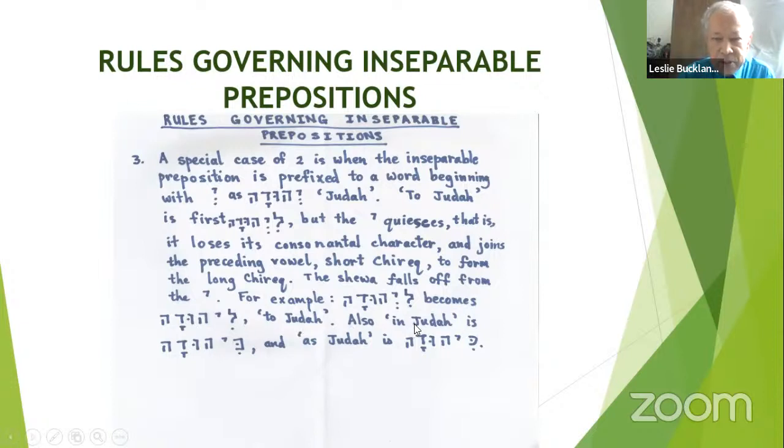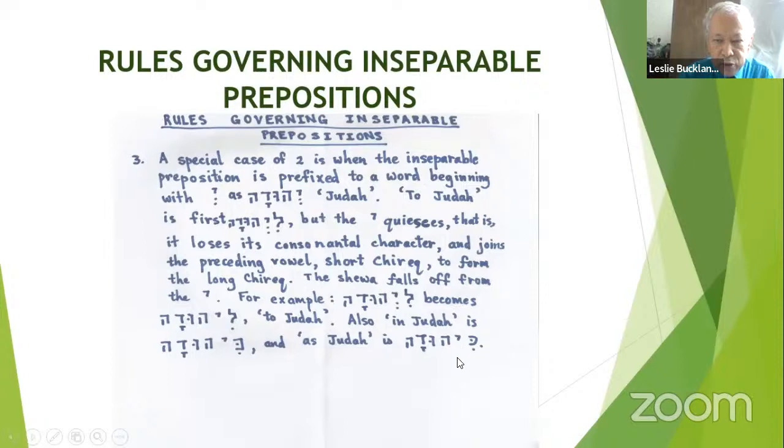The same thing happens in Judah. You have bi Hutha instead of bi Yehutha. The yod becomes silent. The simple schwa disappears, and the yod and the short hirik join together to form the long hirik. So you have bi Hutha, and as Judah is ki Hutha, not ki Yehutha, but ki Hutha, because this quiesces or becomes silent.